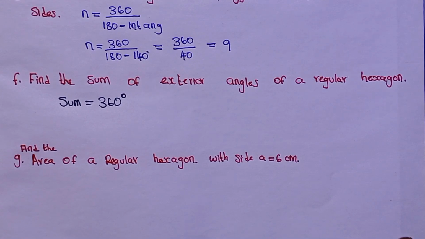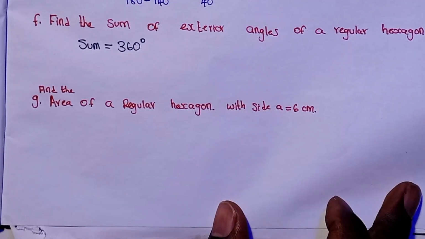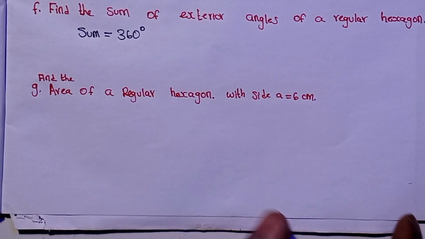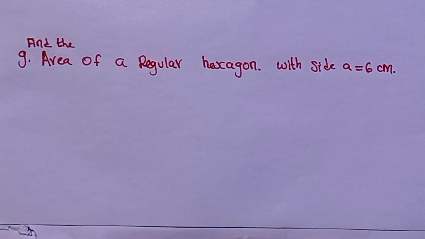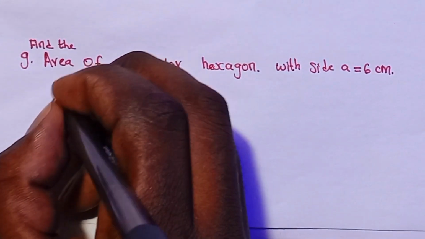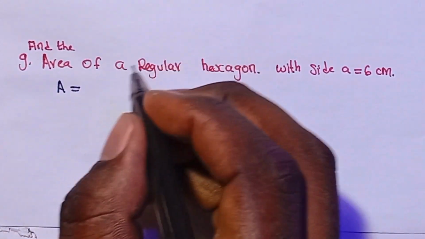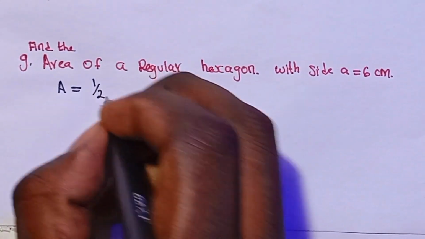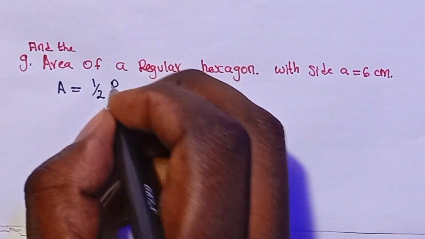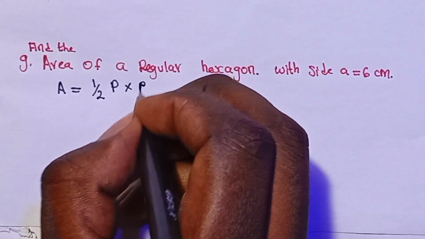So we go to the next question, where we are required to find the area. It states: find the area of a regular hexagon with side a equal to 6 centimeters. As we remember, this has two formulas. The area A is given by a half times the perimeter times the apothem.